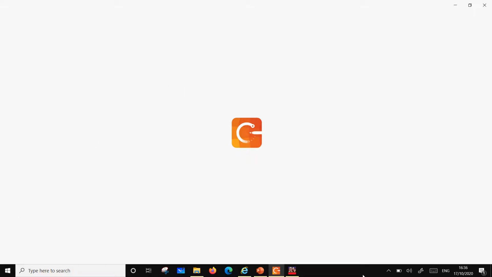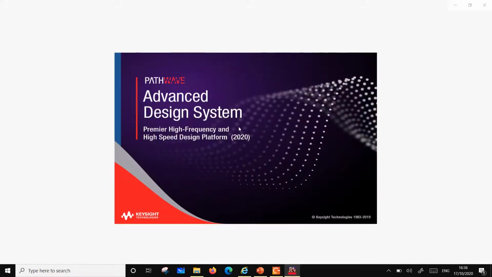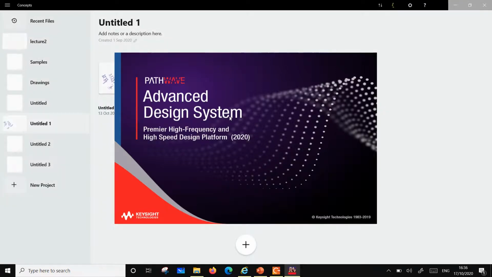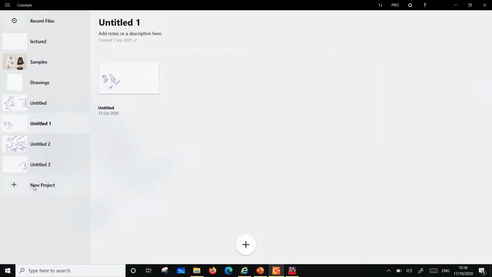Okay, so I have just launched ADS. ADS is a circuit simulator. It can do layout, it can do EM simulation, it can do system simulation, it can do behavioral level simulation on RF, it can do behavioral level simulation for baseband, for any modern communication system, right?